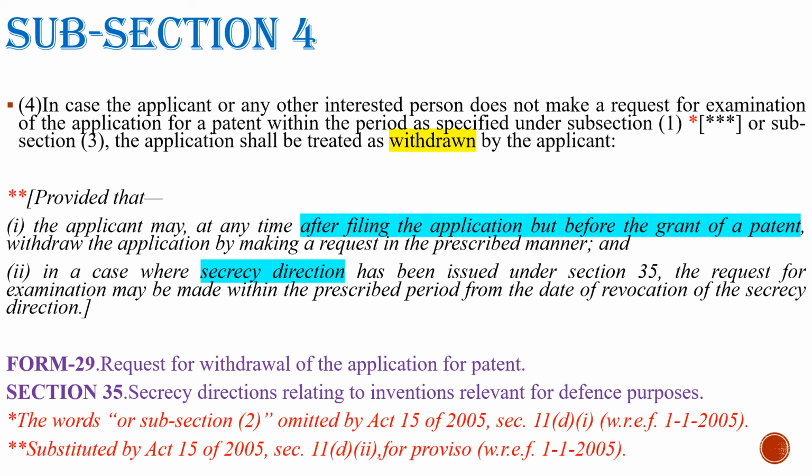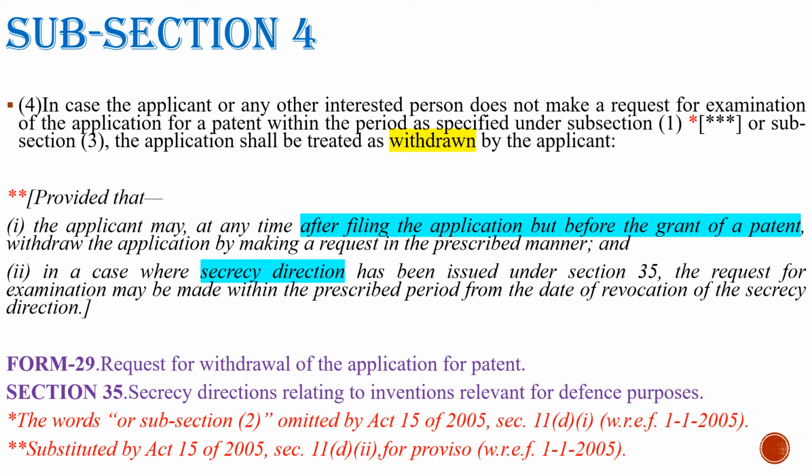Subsection 4 says, in case the applicant or any other interested person does not make a request for examination of the application for a patent within the period as specified under subsection 1 or subsection 3, the application shall be treated as withdrawn by the applicant.